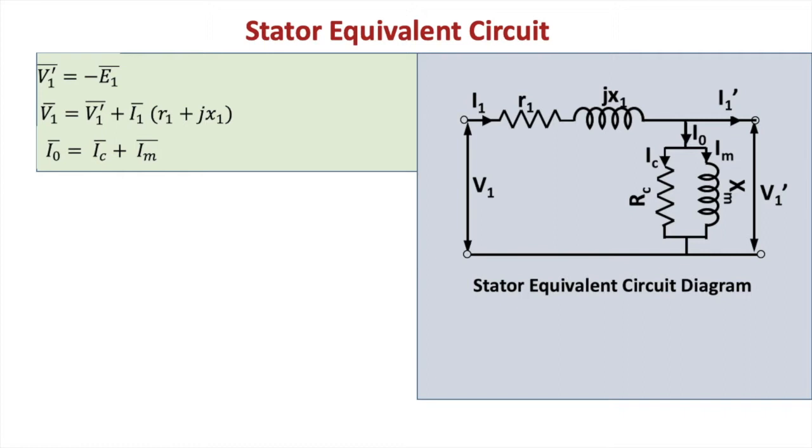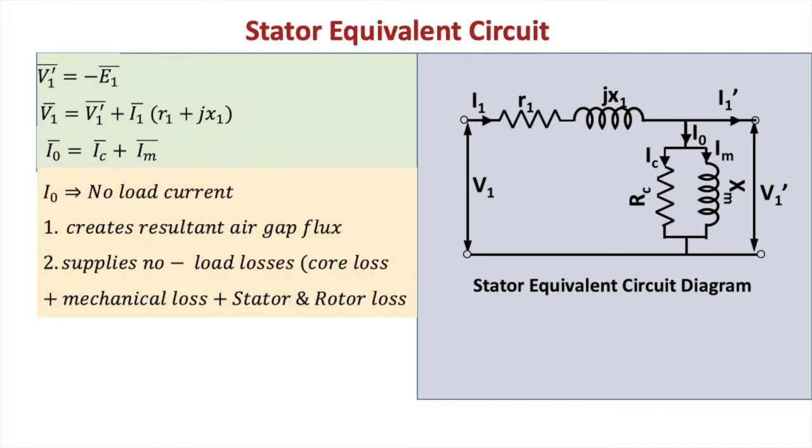The no load current is the phasor sum of the core loss component current and the magnetizing current. Now this is similar to the primary side of the transformer. The no load current I0 creates the resultant air gap flux in the induction motor, and it also supplies the no load losses.